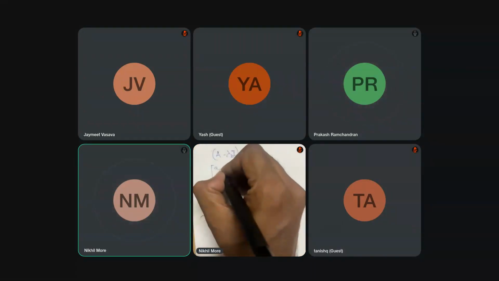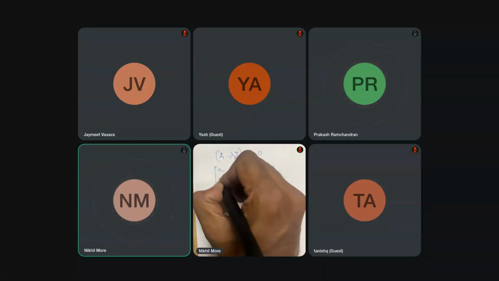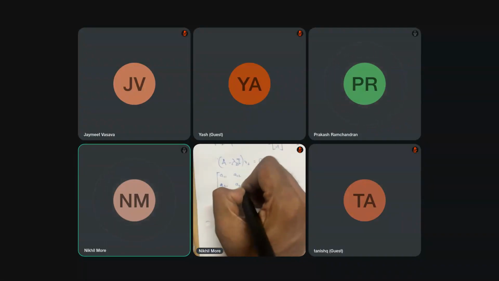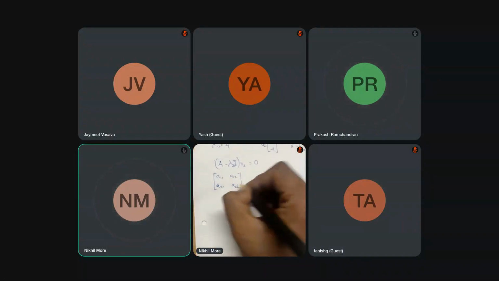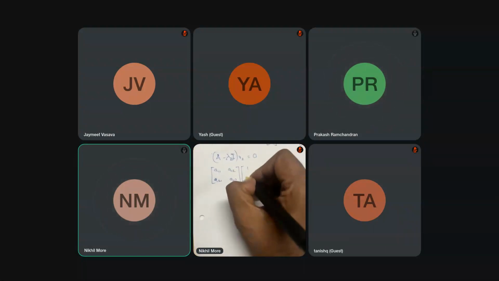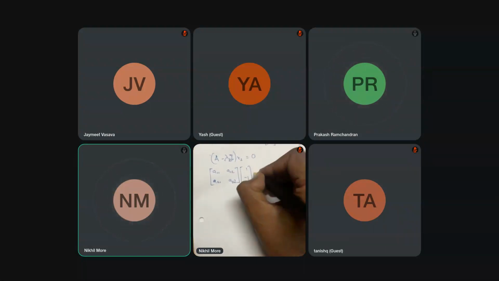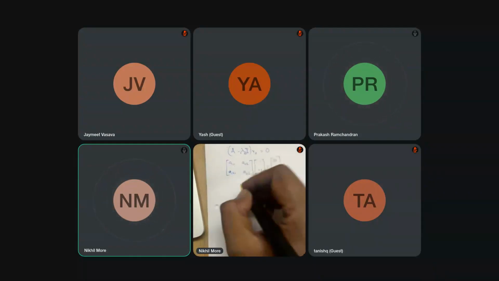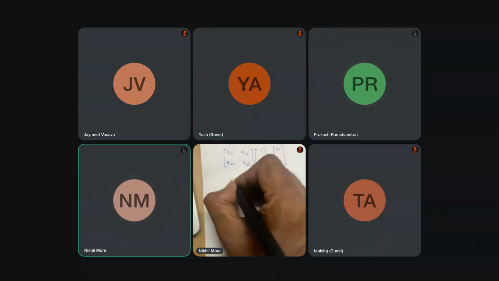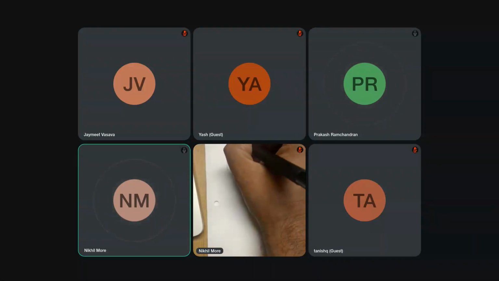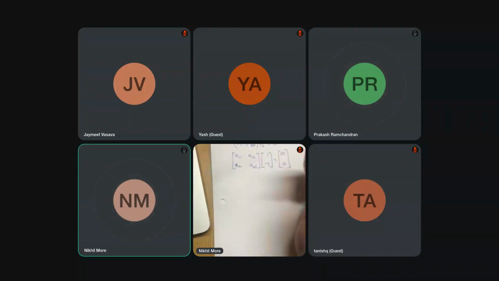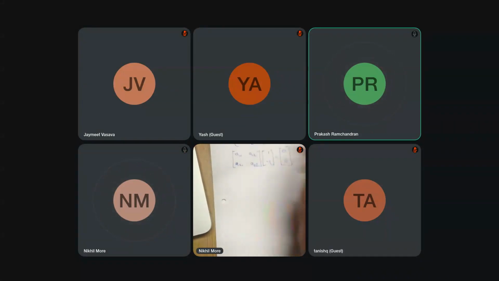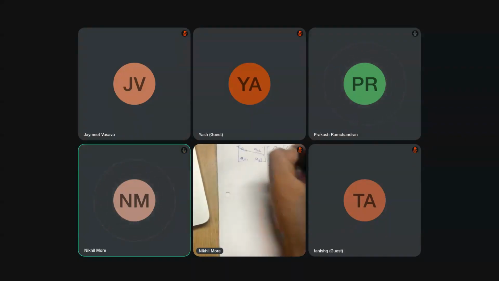Replacing it, we get A11, A12, A21, and A22 multiplied by 1 and minus 1. It will give me a 0 0 matrix. Solving this, let us see what we get. Sorry, I'll just do it again.